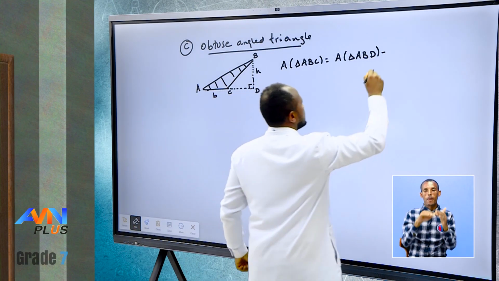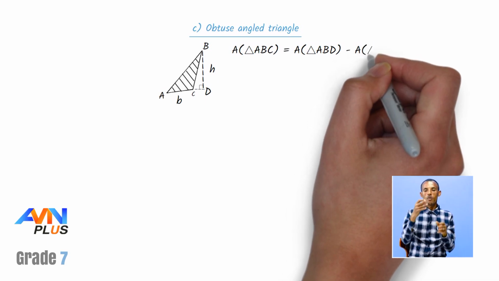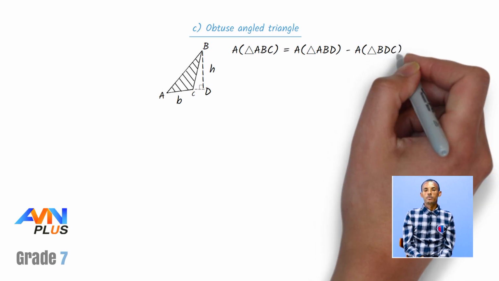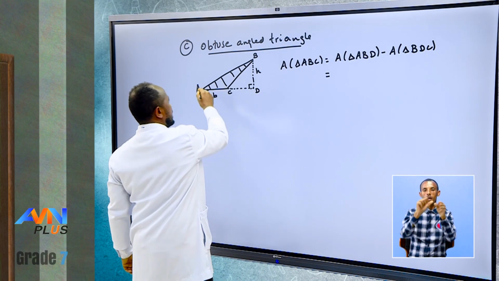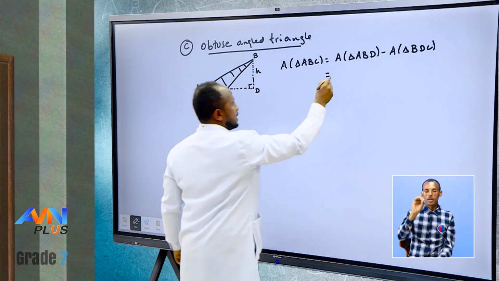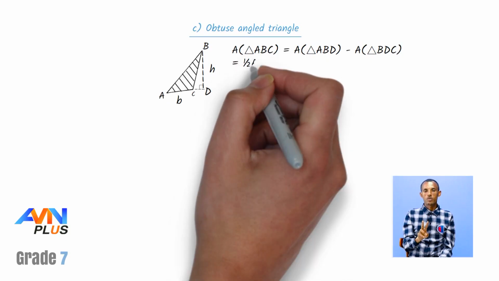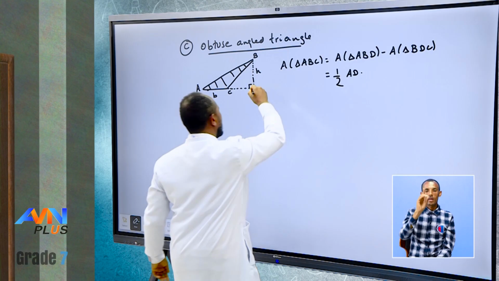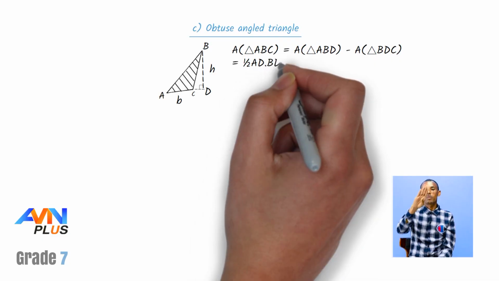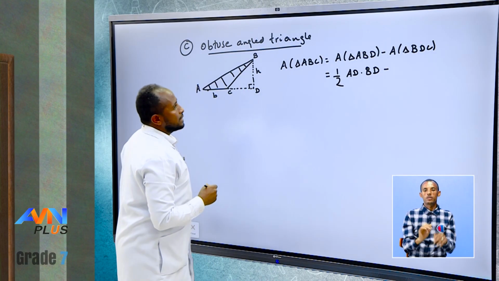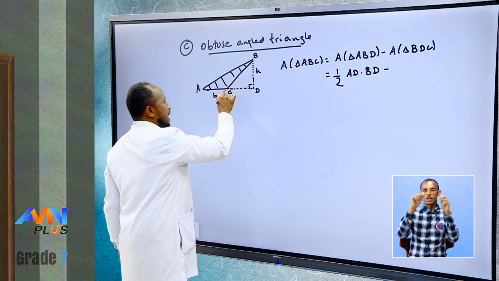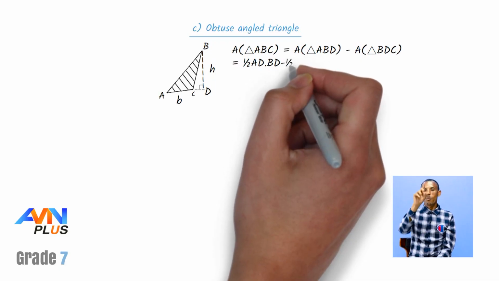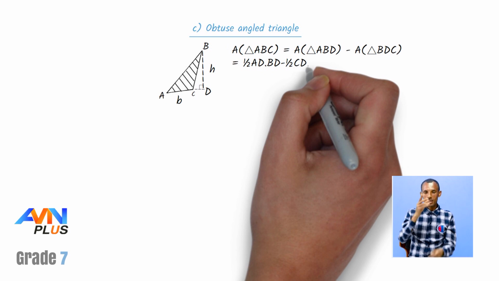Therefore, minus area of triangle BDC. The area of triangle ABD is simply half times, since it's a right angle triangle, the base AD times the height BD, minus the area of this triangle, which is half times CD times BD.